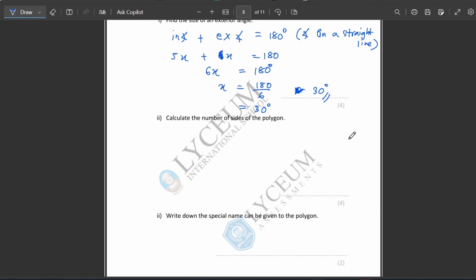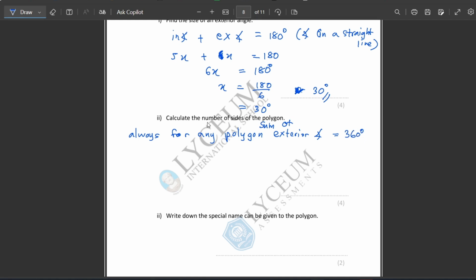Calculate the number of sides of the polygon. There's another thing we know, that for any polygon, the sum of exterior angles equals 360.